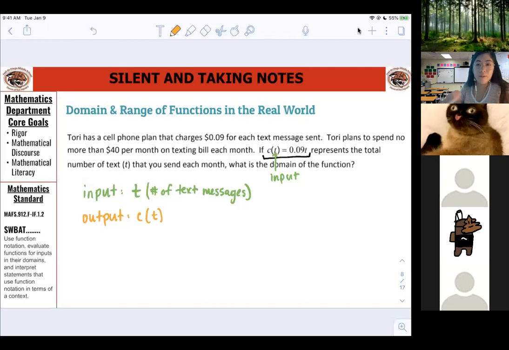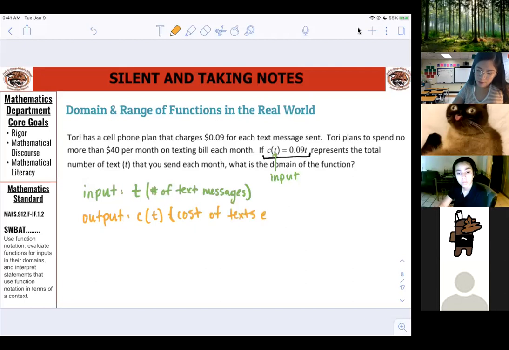So if that's the amount of money you spend per text message, once you multiply it out, the total would be the cost of texts each month. But we're not really going to worry about the output, because the question is asking for the domain. It's important to know what the output is, but we care more about the input.